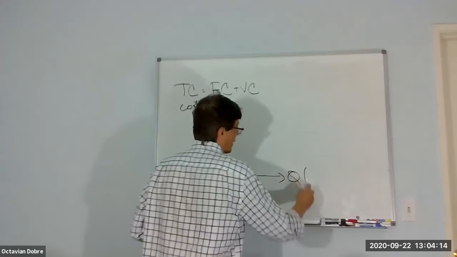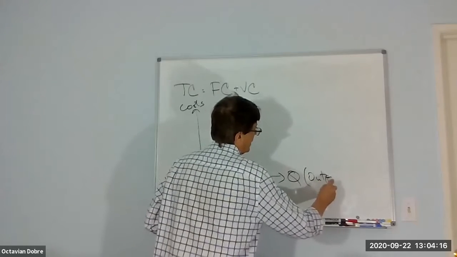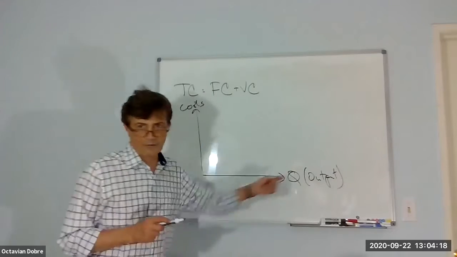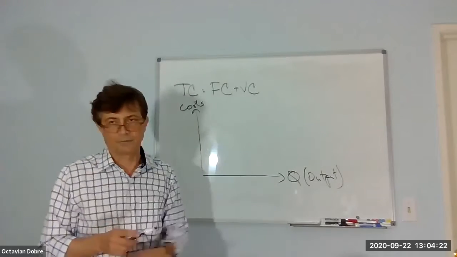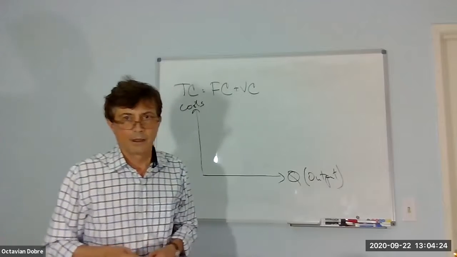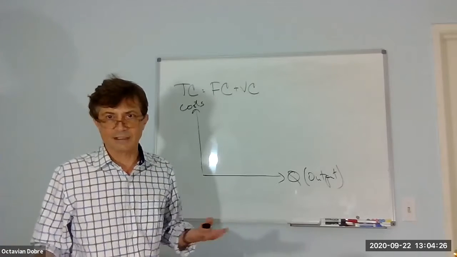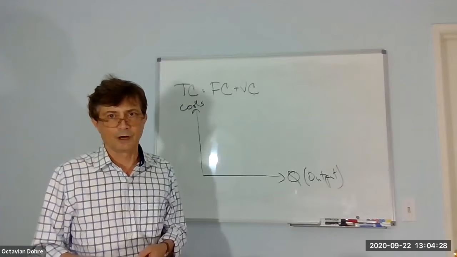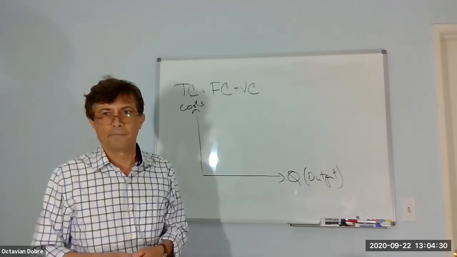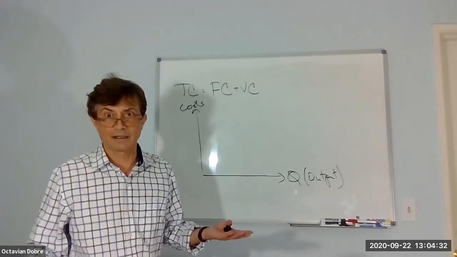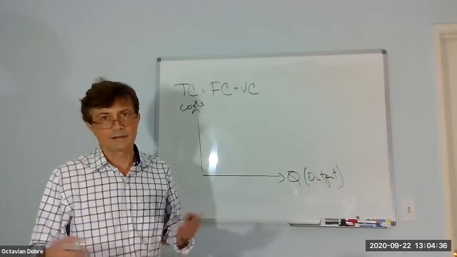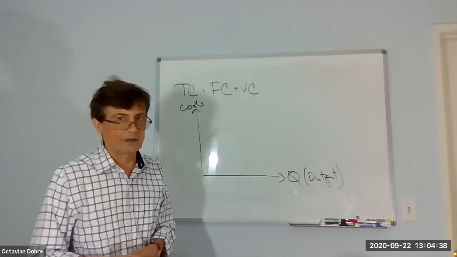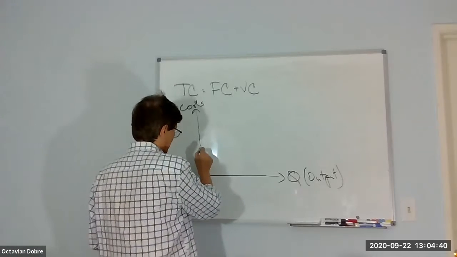Q stands for output, however many units we're producing, whether it's 0, a million, a billion, whatever. Okay. So the fixed cost is the easiest one to come up with. Obviously, it's fixed. It stays constant. It's like the lease that you pay. It stays constant, doesn't matter what the output is. So the fixed cost is going to look like this.